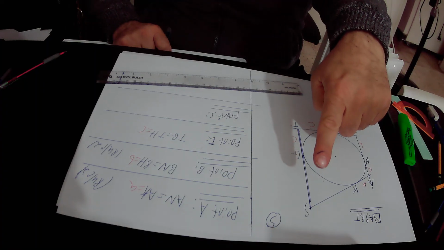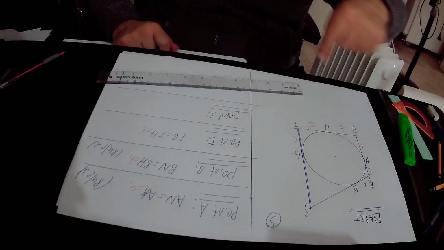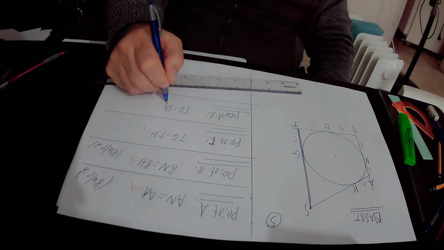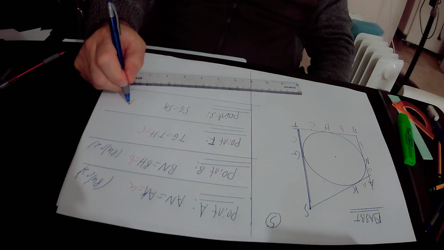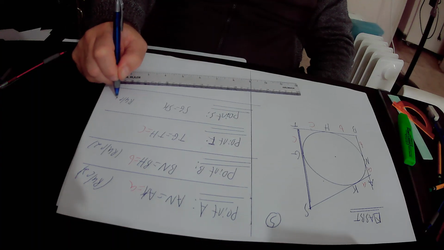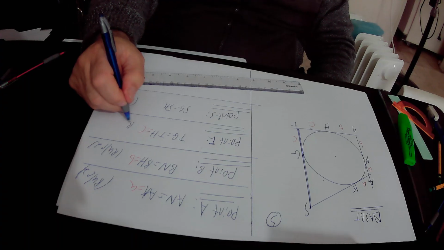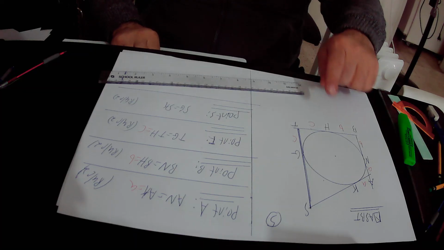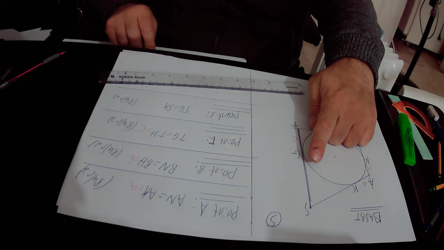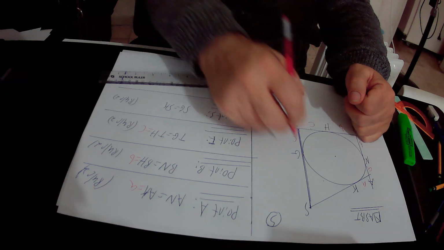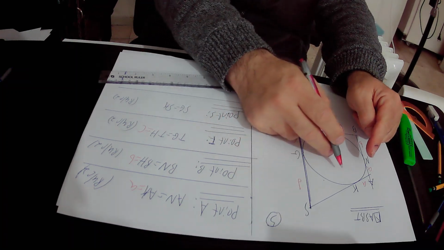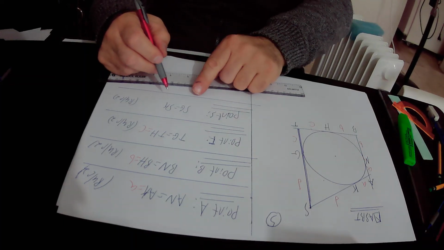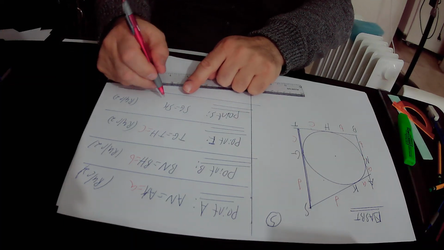That is to say, SG equals SK according to the same rule, rule 2. So if we define the length of tangent SG as D, then the length of tangent SK must also be D, because they are equal to each other. In conclusion, SG equals SK equals D.